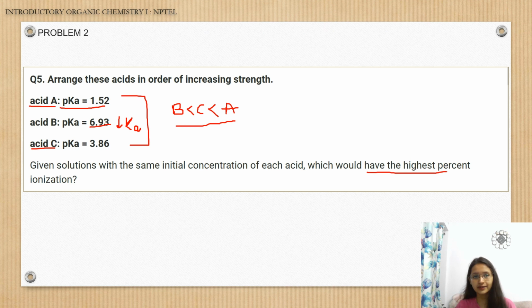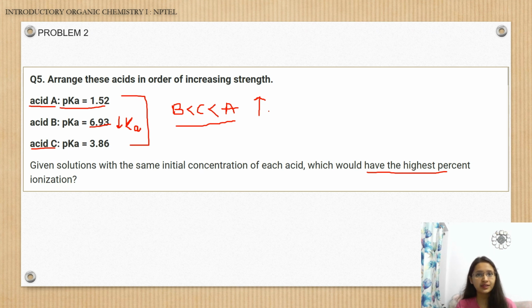So the strongest acid is acid A. That means it would have the highest percent of ionization because of higher Ka. Ka is directly related to percent ionization.